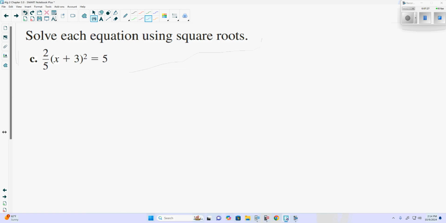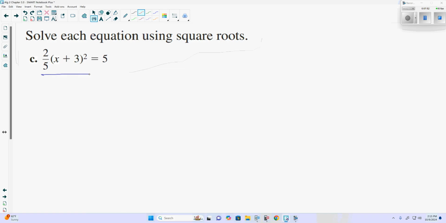2/5. We need to get it to the other side. How can we get the 2/5 away from our x plus 3 squared? Well, we can't necessarily minus. What is it? It is divide. Because the 2/5 and our x plus 3 squared are being multiplied.